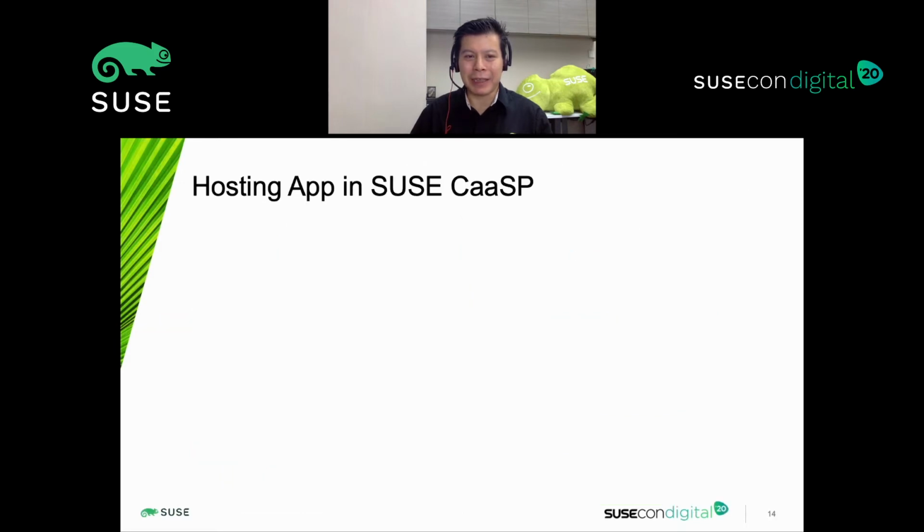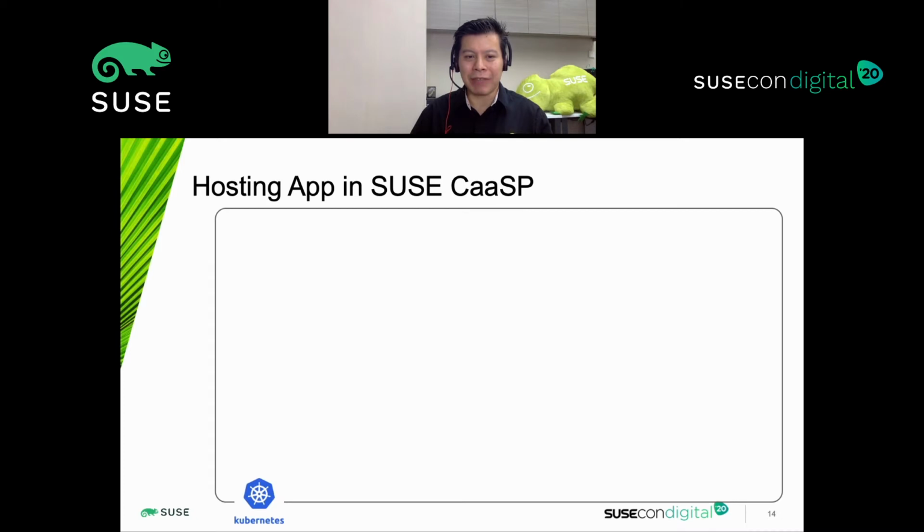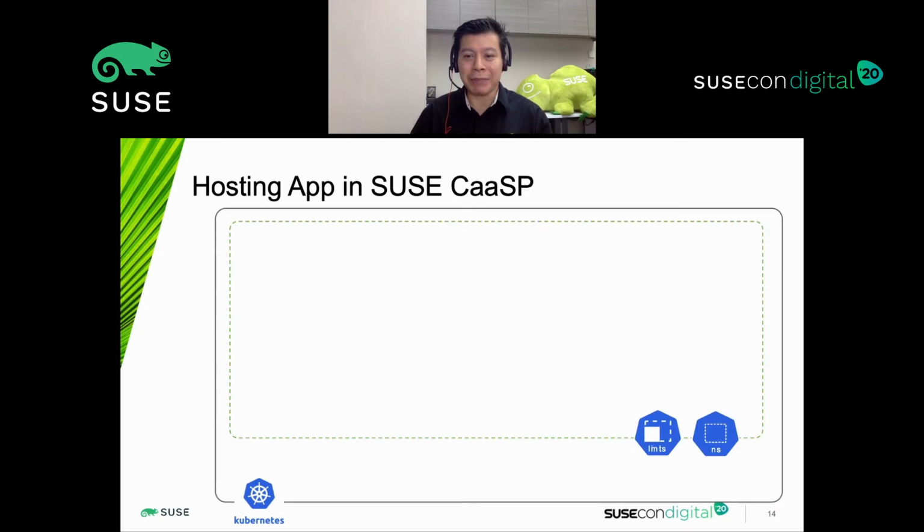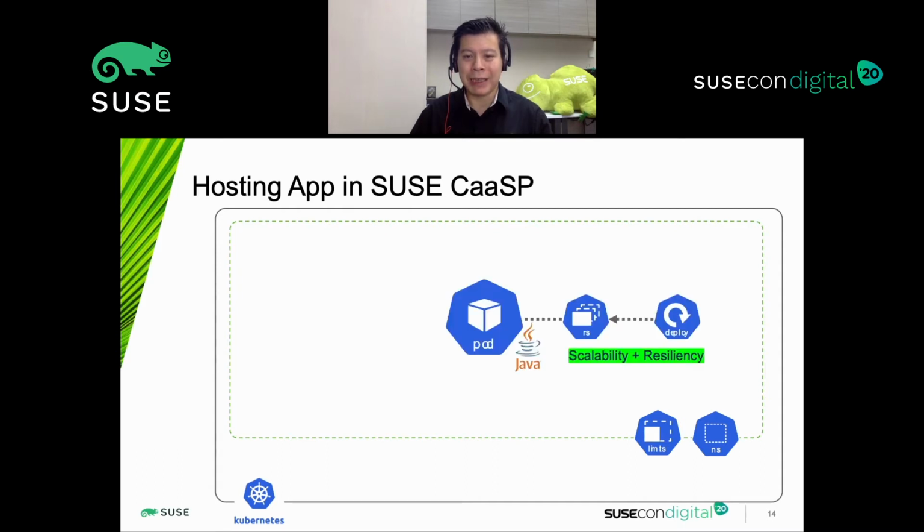Now, assuming this is the environment, we have the Kubernetes cluster or CaaS cluster. To start with, we define a namespace to logically group the applications in the Kubernetes cluster and set the limits for the CPU and memory capacity usage by the applications running within this namespace.